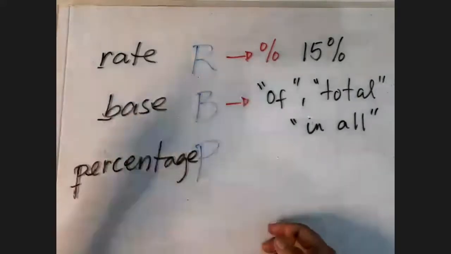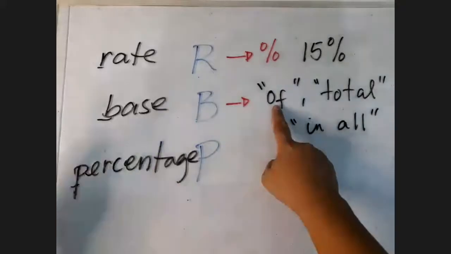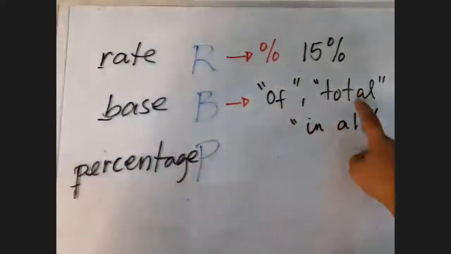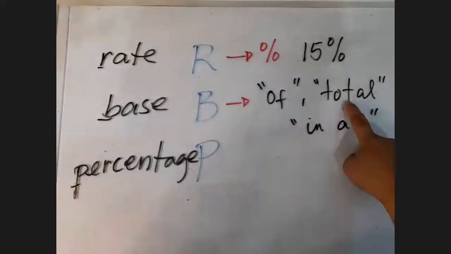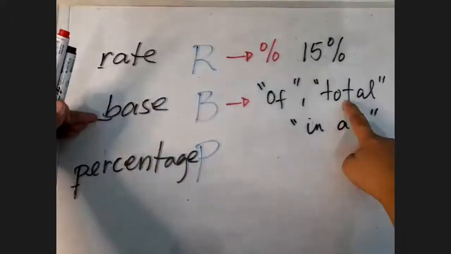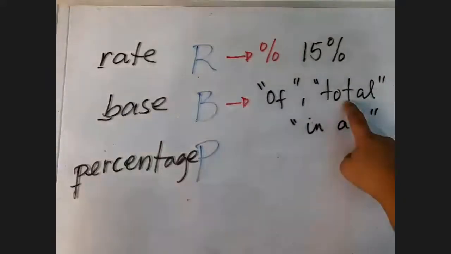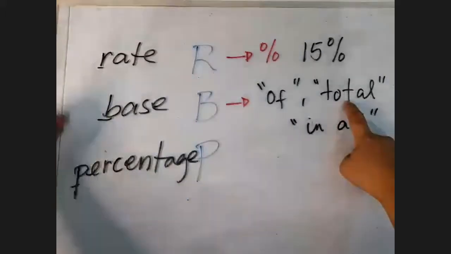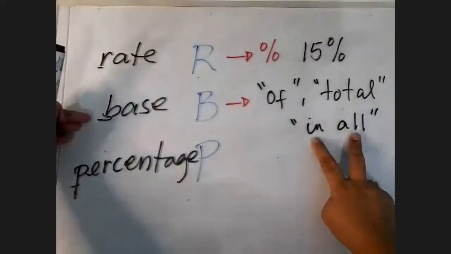So, papaano yan? Halimbawa, yung of. Pag nakita ninyo yung of, yung kasunod na number niya, base yon. Okay? Yung total, whatever number that is being referred to as total is the base. Or kung wala yung word na total, it can be substituted by any word that would have the same meaning. Halimbawa, pwede sum. Base yon. Okay? Yung in all, lahat-lahat. So it's also the base.